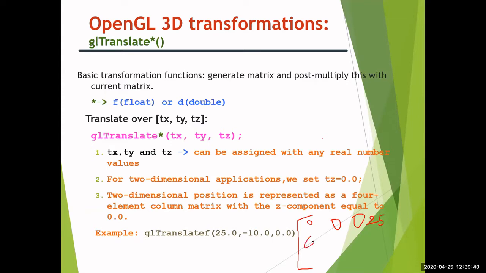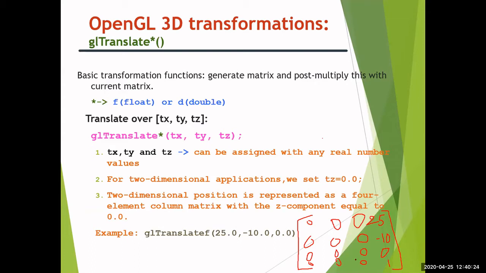In the same way, in the Y row, 0, 0, 0, and ty is minus 10. The third row will be 0, 0, 0 and tz; if I want 2D, then keep Z as 0. The fourth row, 0, 0, 0, is the homogeneous row, which will be 1. So this will be our matrix.